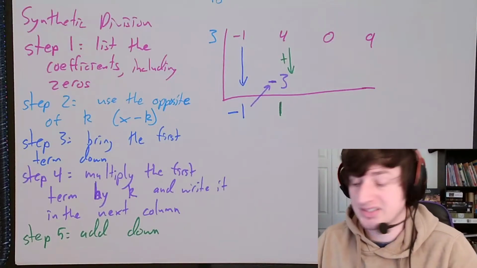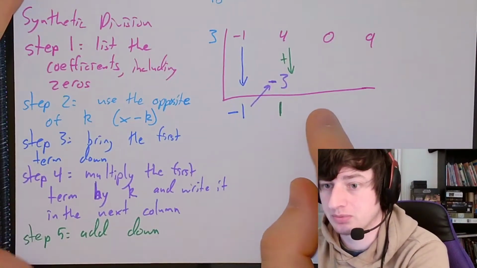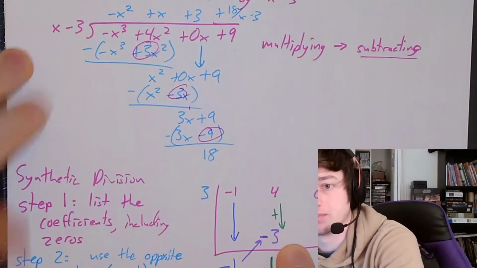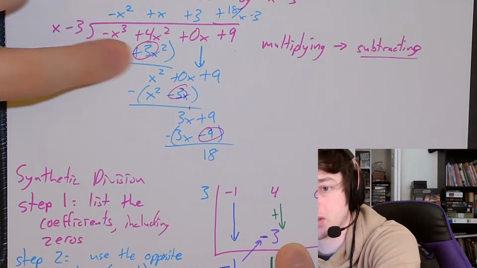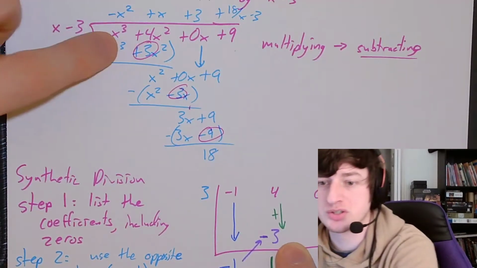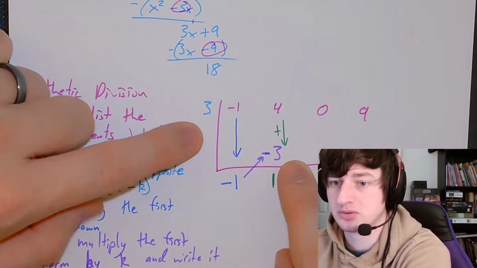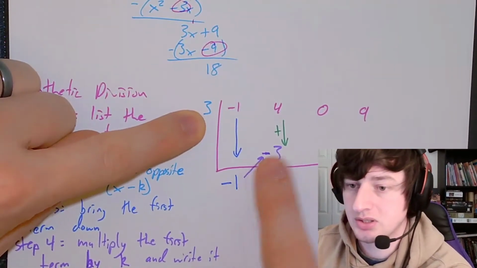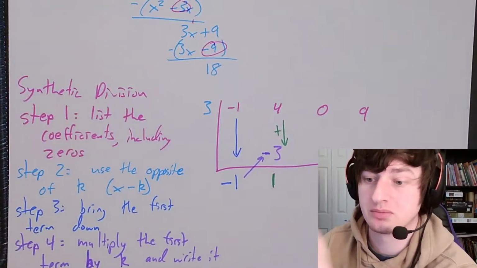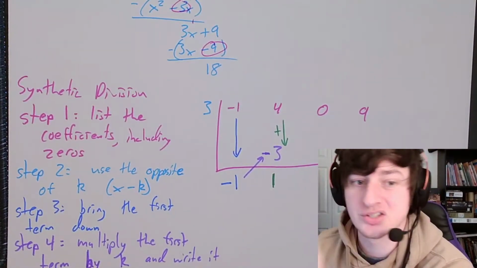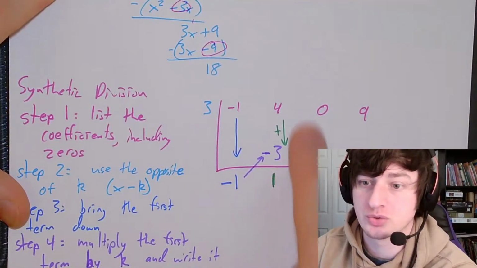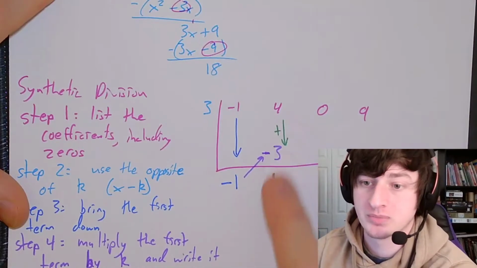Now, you've already seen that step happen up in the previous problem. We multiplied everything here by -x squared, and then we subtracted the 4 and the 3. Because we switched the sign of this 3 to a positive, we don't need to subtract. We're just going to add because we switched the sign. We already did the subtraction by switching this to 3, and so now we can just do addition. So we're going to add down, and then we get 1.